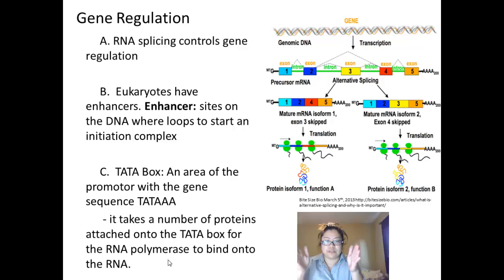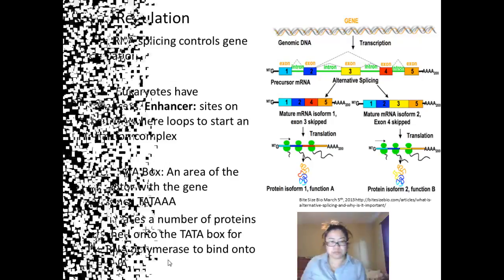So you have an area of the promoter, the gene sequence where the RNA polymerase is supposed to bind, but before that, within it, there is a sequence of TATA, where other proteins attach before the polymerase binds on.